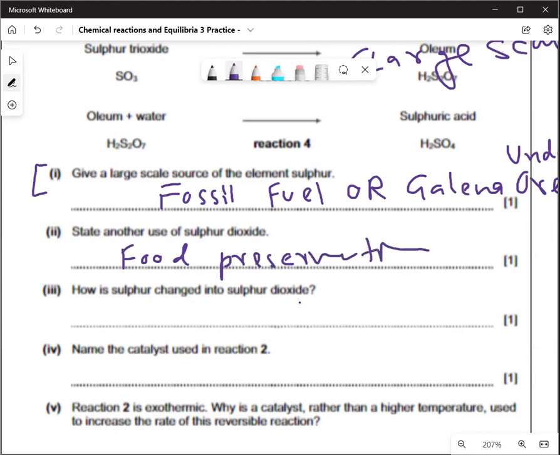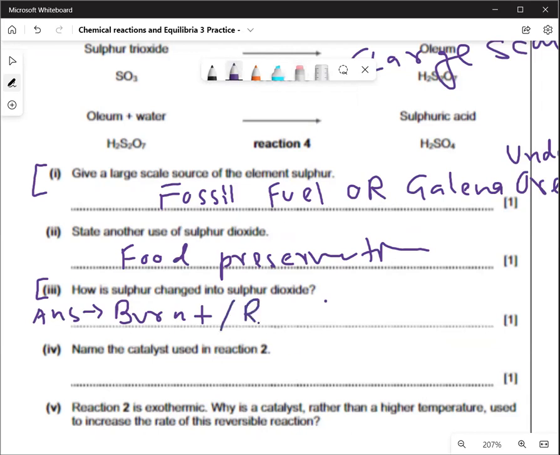How sulfur changes to sulfur dioxide? Now you don't know this one. Perhaps you do know. Let's try it. The answer is burnt in air. Okay. Write the question and the answer in your notebook. Write the whole thing.